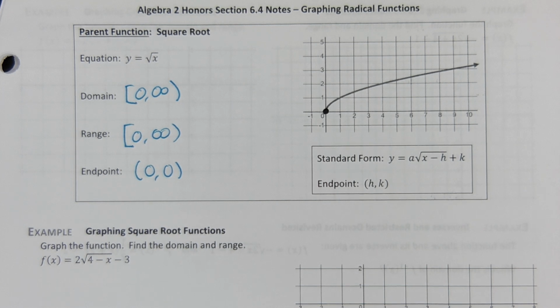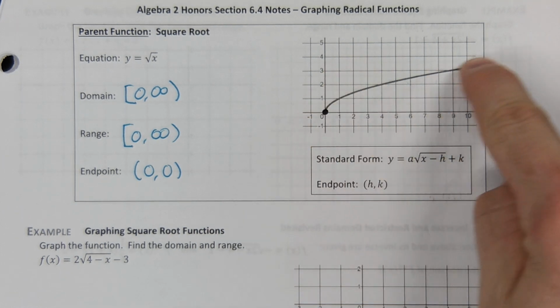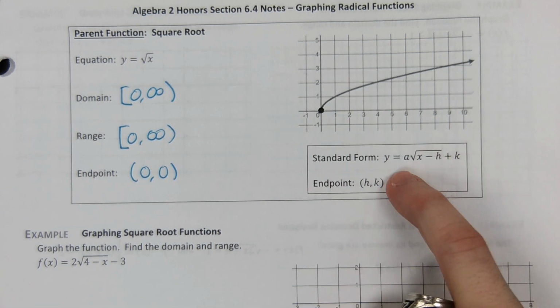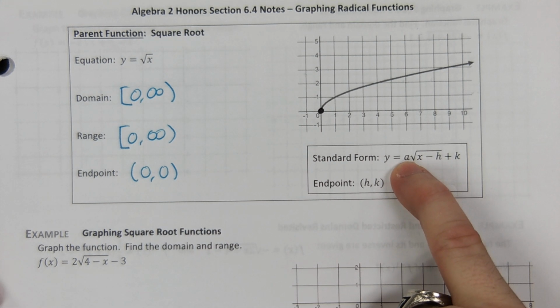All right. So it's important that you know that this graph is supposed to go up and to the right. That's what it should do. Of course, transformations could switch some things around and move some things around. Specifically, the number on the front, this number could turn the graph upside down.